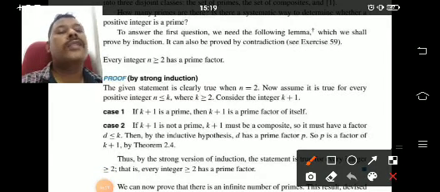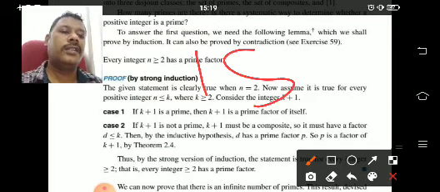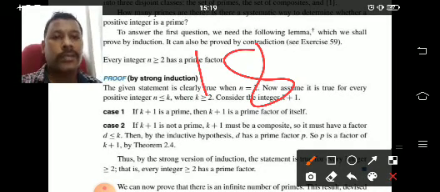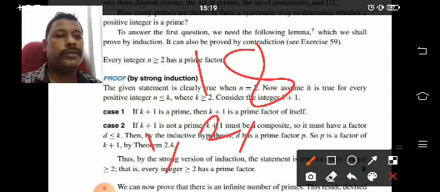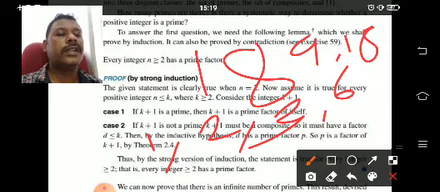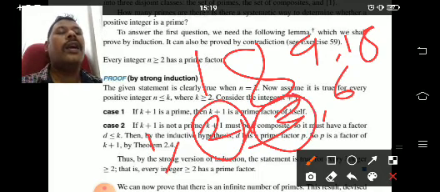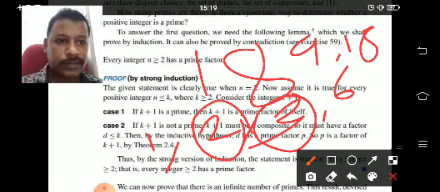Choose another composite number, 18. 18 is a composite number. Its factors are 1, 2, 3, 6, 9, 18. We know that 2 and 3 are prime numbers.